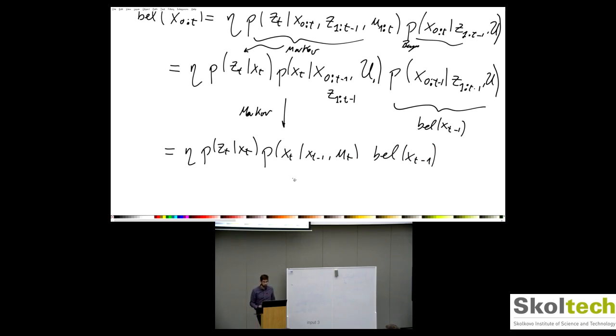Now there's no marginalization. It's because we are considering the full state, right? So it has some advantages, but we see that if we maintain the full state here, the belief is slightly different. Actually, this belief is from 0 to, let me write it correctly, from 0 to t minus 1.